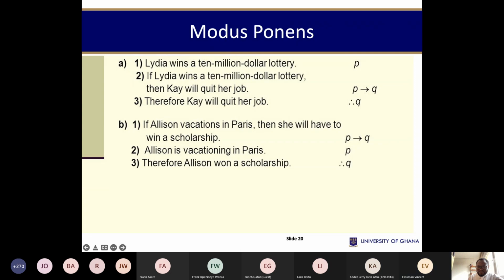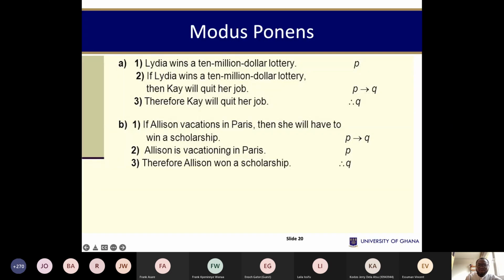P: if Alison vacations in Paris, then she will win a scholarship. By affirming the antecedent, we are saying that, yes, she went on vacation in Paris. That is the P. So if she went on vacation in Paris, then automatically the conclusion is what?